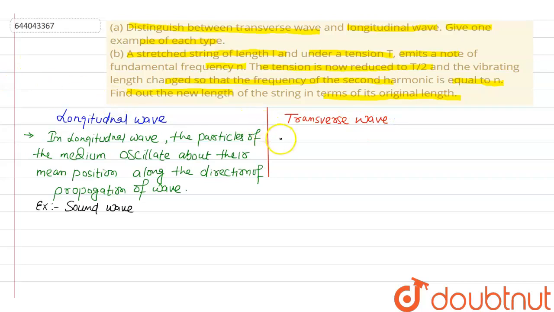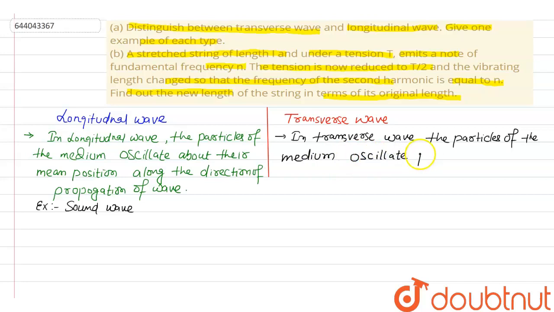So here in transverse wave, the particles of the medium oscillate perpendicular to the direction of propagation of wave, or we can say direction of wave propagation.